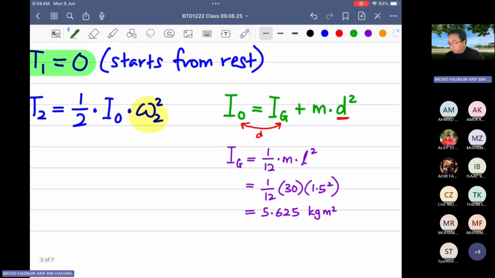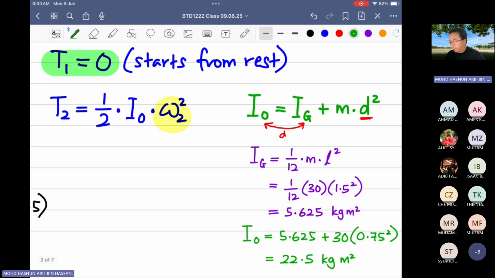So once we have IG, we can substitute in the IO equation. IO is equal to 5.625 plus the mass 30 kg times D, which is 0.75 square. So we will get the value of IO is equal to 22.5 kg meter square.